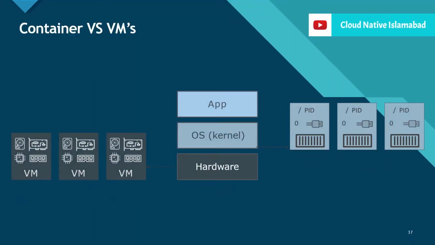So in the VM world, we have hardware, and we virtualize its CPU, its network, its storage, its RAM or ROM, anything your hardware is running on. We virtualize every part of it in the virtual world.